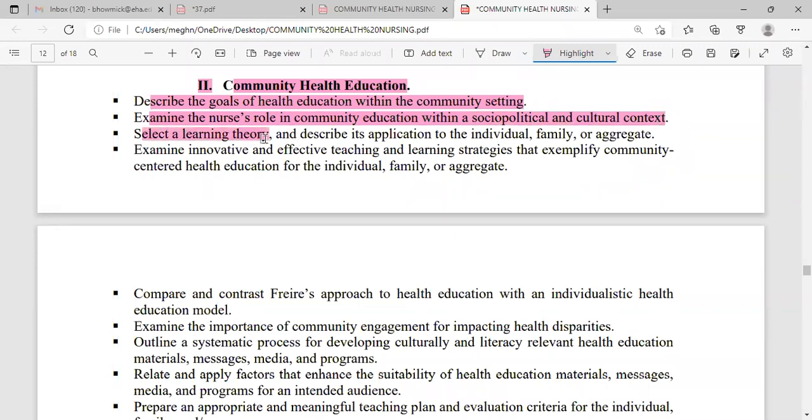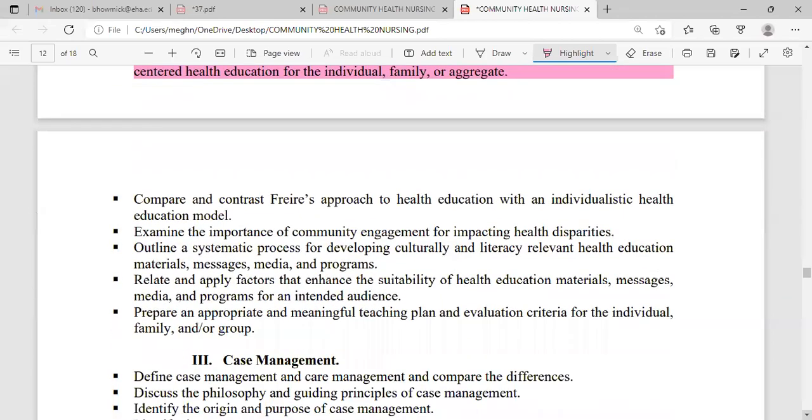Select learning theories and describe their application to individuals, families, and aggregates. Exemplify innovative and effective techniques, teaching and learning strategies that are community-centered in education for individuals, families, or aggregates.